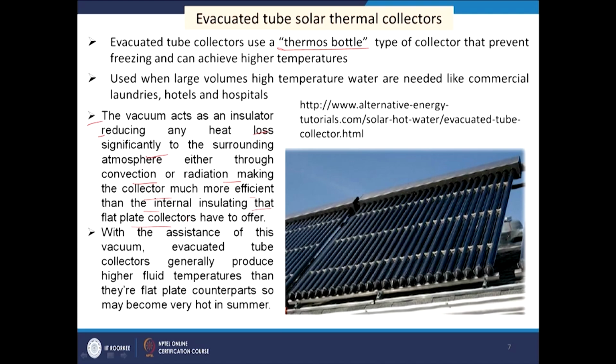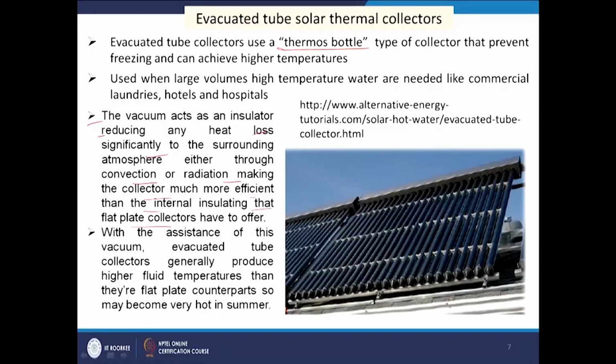So, these are the features of the evacuated tube solar thermal collectors, and then we come to concentrating collectors. This is the latest development of these collectors, where the sun rays, after being incident, are directed in such a way that they are focused on a certain point or on a center line.